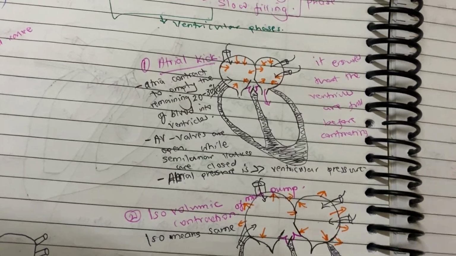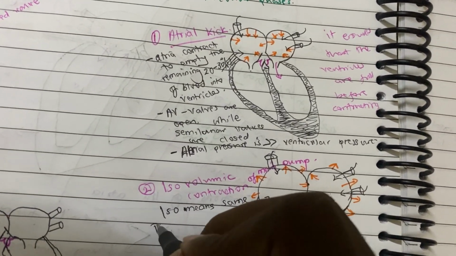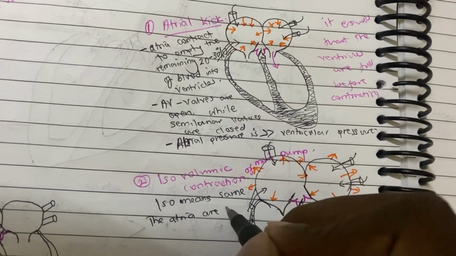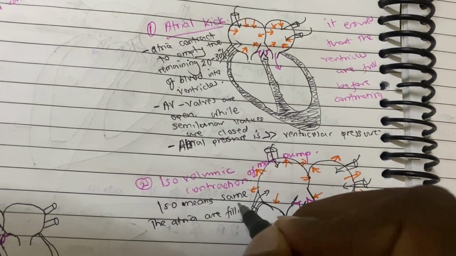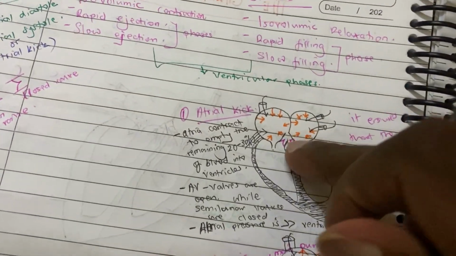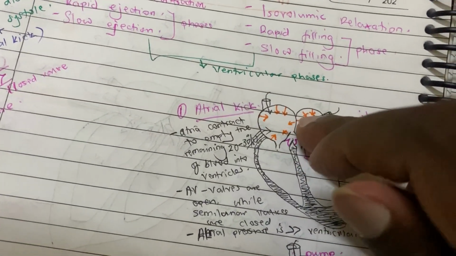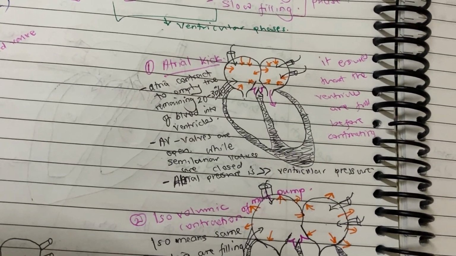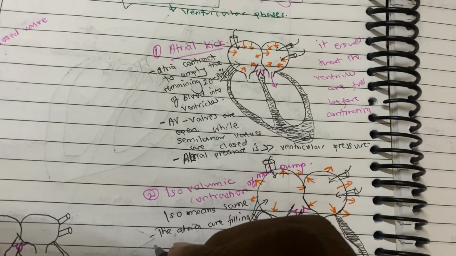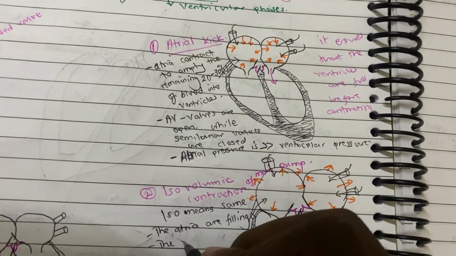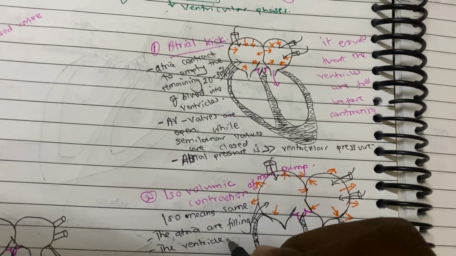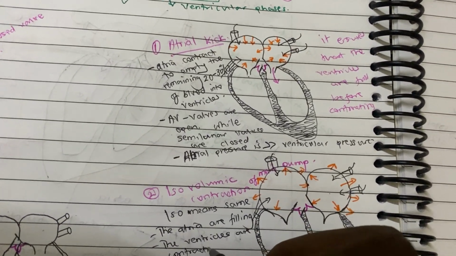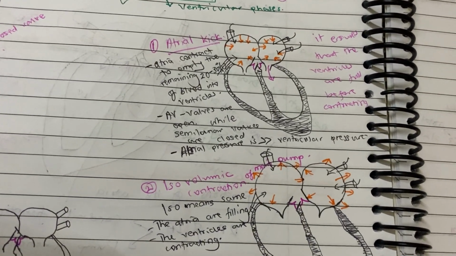The atria are feeding. They contracted and emptied all their blood into the ventricles. Now they are feeding in phase 2. What is happening in the ventricles? Both of them are contracting isovolumically.